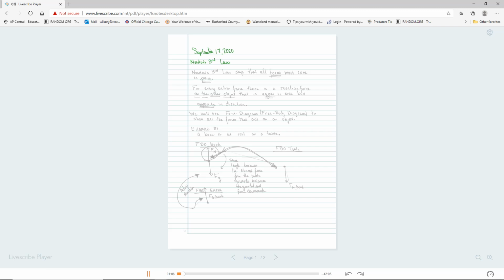For every action, there's an equal and opposite reaction. That's how most of you have been taught that. And it's not entirely inaccurate, but there's more words that have been left out in that statement. And then we get into the fact that, are the numbers 5 and -5 the same number?